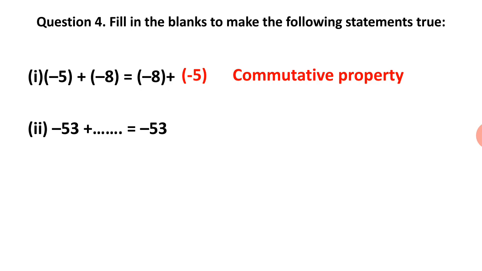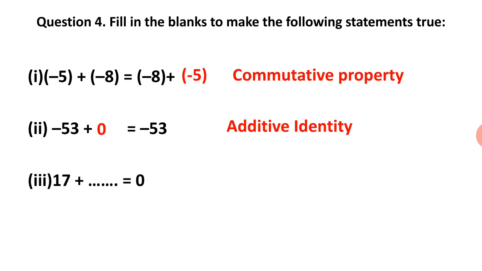The next is -53 plus dash equal to -53, which is the number that when added to the given number gives the same number. Yes, it is 0. And 0 is called the additive identity because when you add 0, you get the same number.